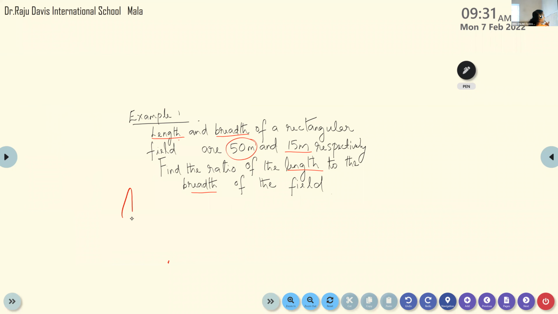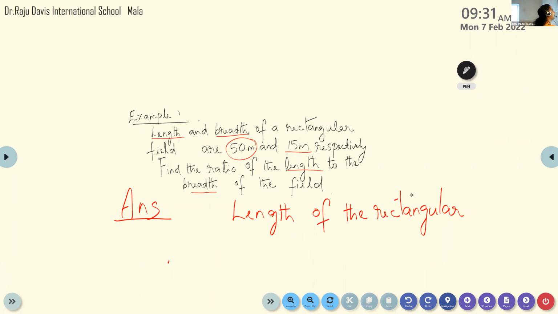Here, in the answer, first we can write the length of the rectangular field. So what is given? That we are writing. Length is given, breadth also given. Length of the rectangular field equals 50 meter.